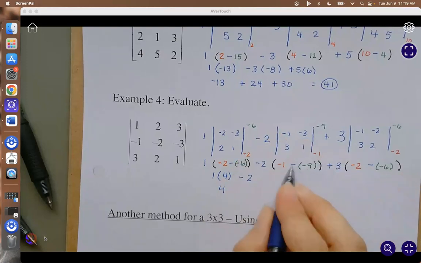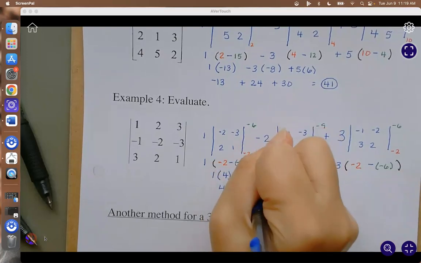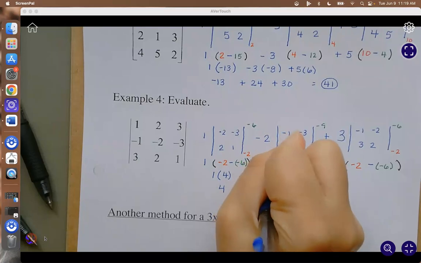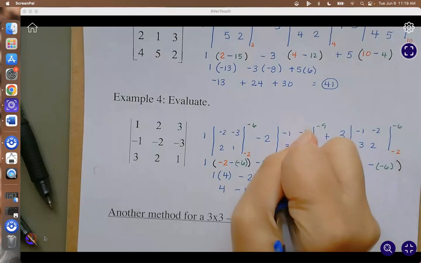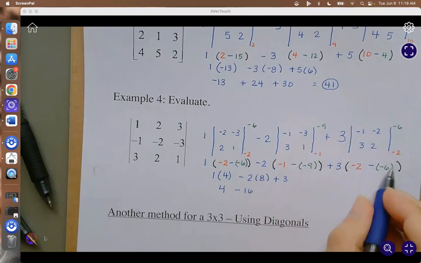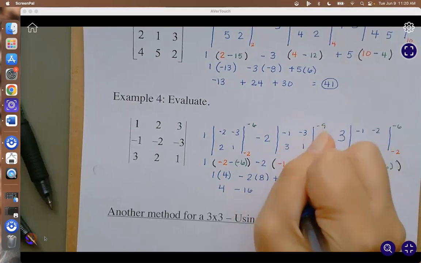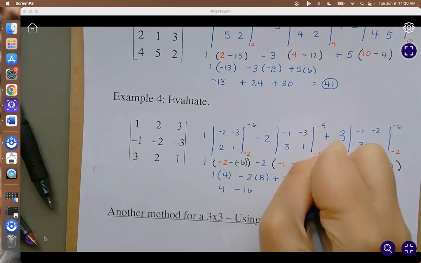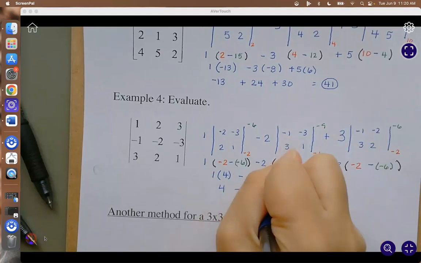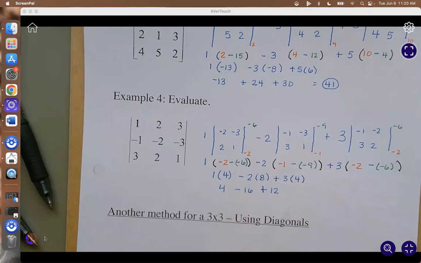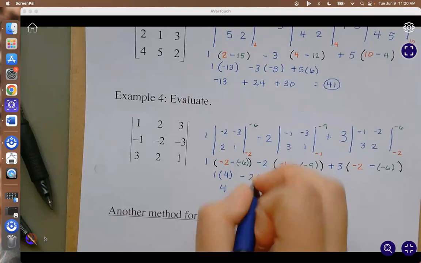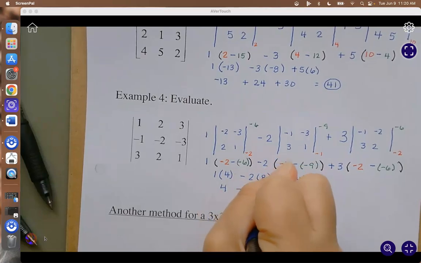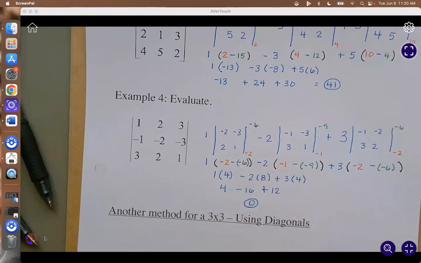So that's a positive 9. 9 and a negative 1 is 8. So this is negative 16. Positive 6 and a negative 2, that's 4. So we have 12. Okay, so this 4 and 12 give me 16. 16 and a negative 16. My answer is 0.